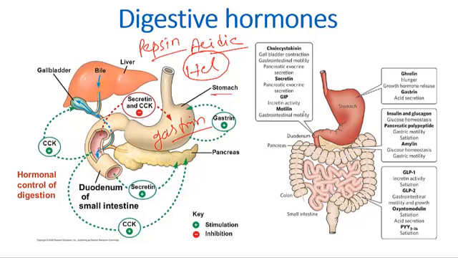Now the other hormones, the ones secreted by the small intestine, have different examples and different names. Cholecystokinin or CCK is one of the examples. Secretin, and also GIP or glucose dependent insulinotropic peptide, which is not shown here. Let me write GIP.